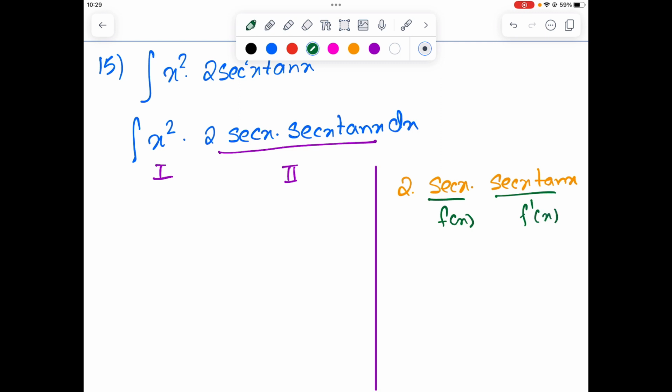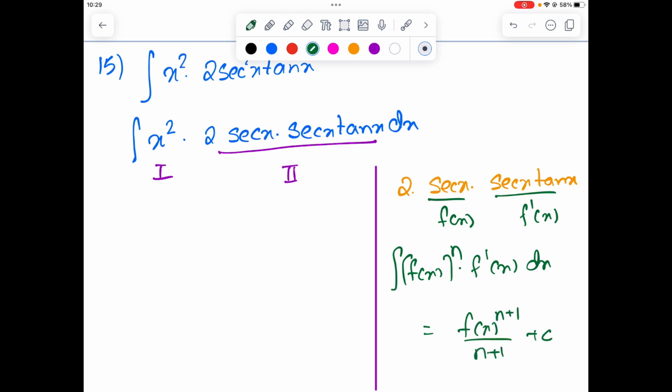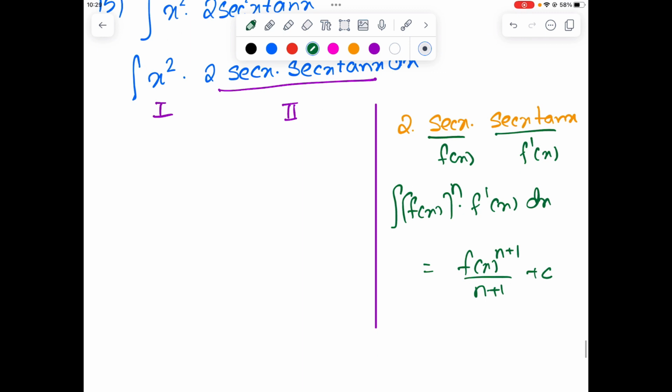So we know one formula: any function to the power of n times its derivative will become that function to the power of n plus 1 upon n plus 1. So over here it becomes secant to the power of 1 and its derivative f prime x is secant x tan x.